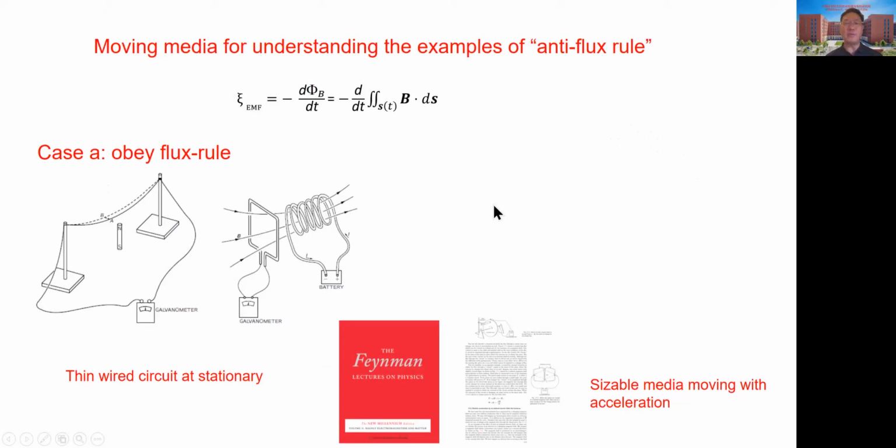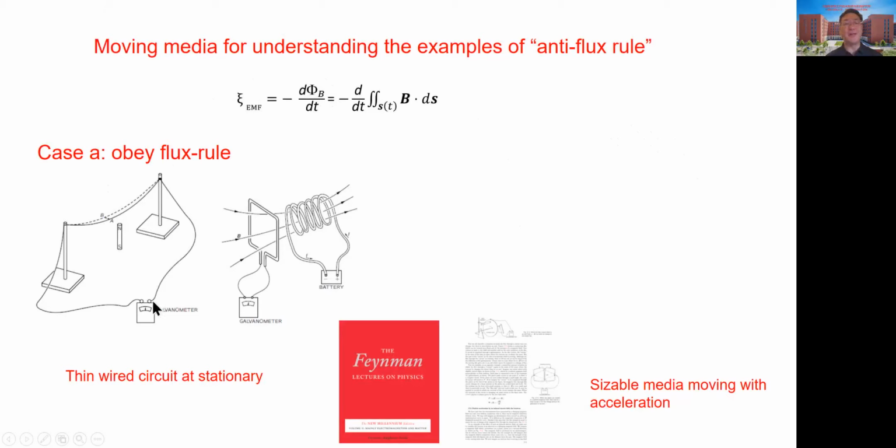If you read further in Feynman's book, he said to use the flux rule. Okay, what's the flux rule? The electromotive force is equal to the negative of the time derivative of the total magnetic flux. If you express it, this is the term here.